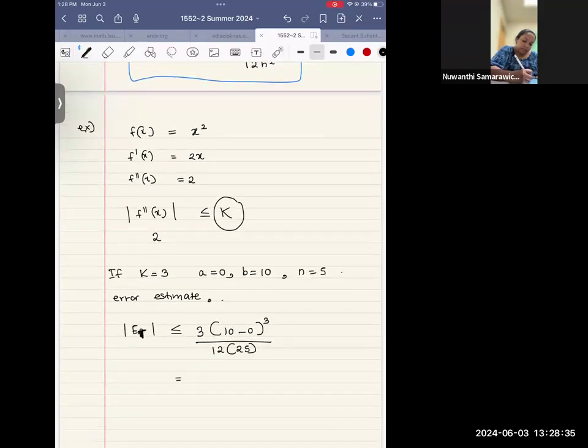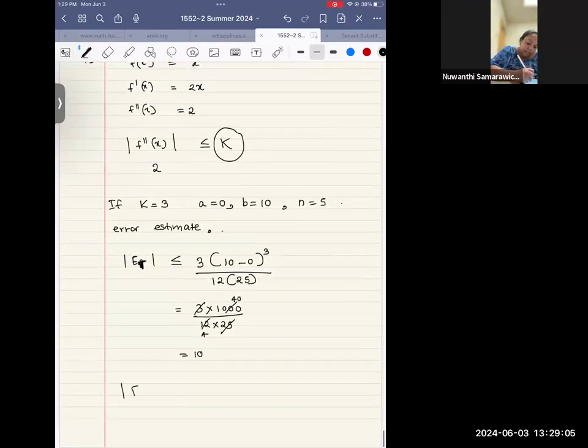So this is equal to 3 times 1000 over 12 times 25. I get 10, yes, it should be 10. Good. So the error bound is less than or equal to 10.